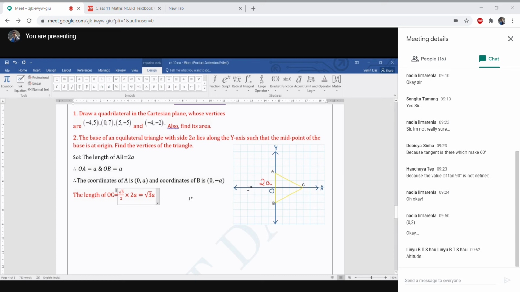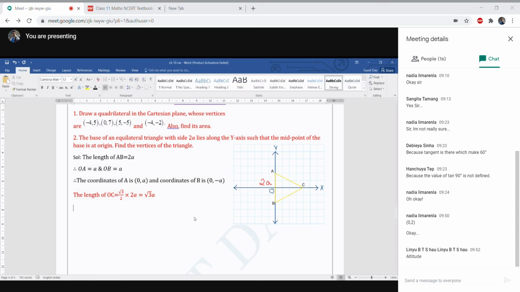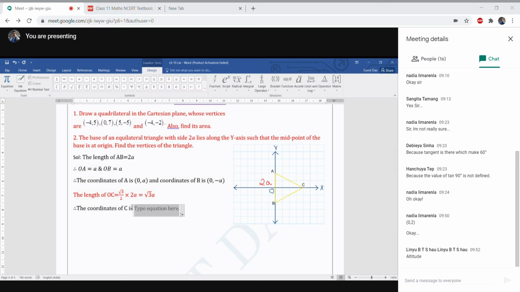Then, what will be the coordinate of C? The coordinate of C will be plus minus root 3 a comma 0.